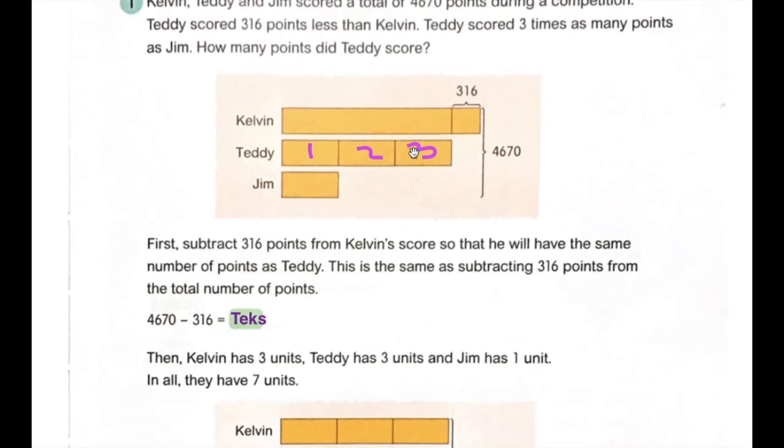Nah, here, Teddy. First, subtract the 316 points from Kelvin's score so that we will have the same number of points as Teddy. So here, first, 4,670 minus 316. Let's count. 4.670 dikurang 316. Hasilnya akan menjadi 4,354. Nah, that is the total of Kelvin, Teddy, and Jim.